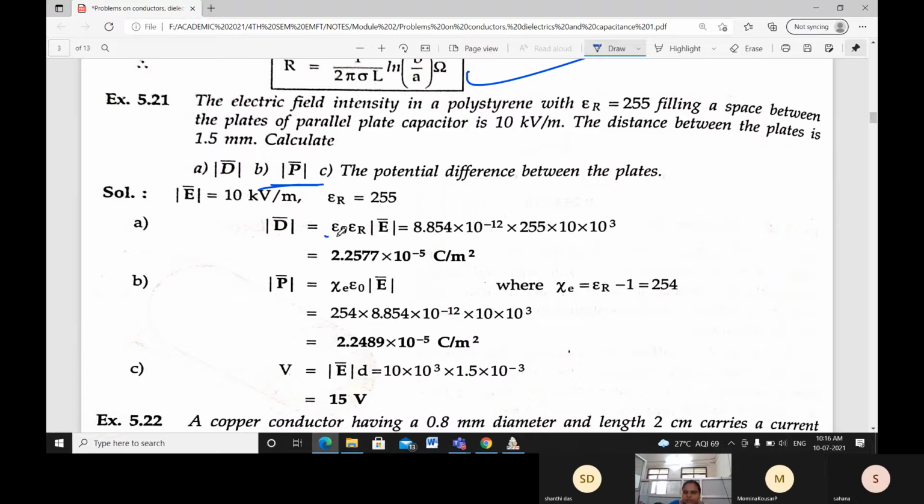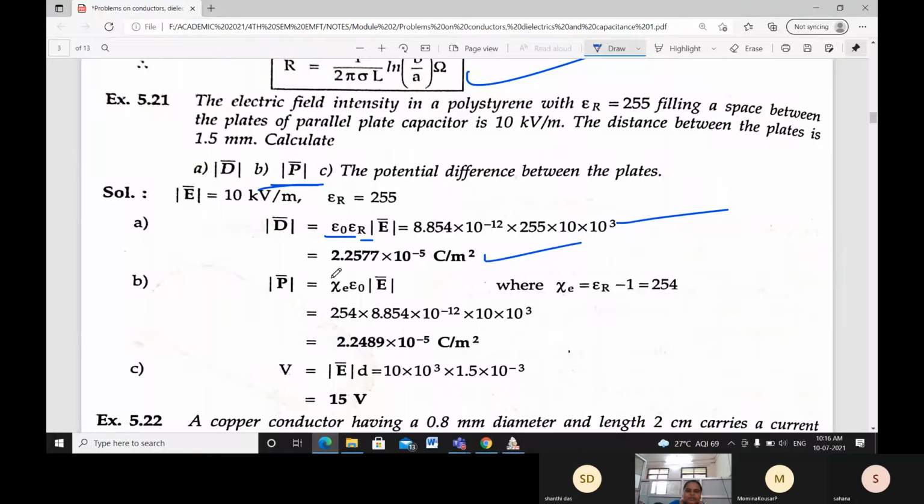Therefore, substitute for epsilon naught and epsilon R: 8.854 into 10 raised to minus 12 into 2.55 into 10 raised to 4. Then use your calculator. You will get 2.2577 into 10 raised to minus 5 coulombs per meter square. This is one problem.